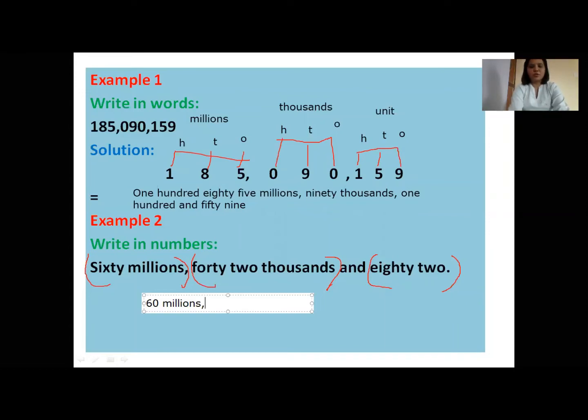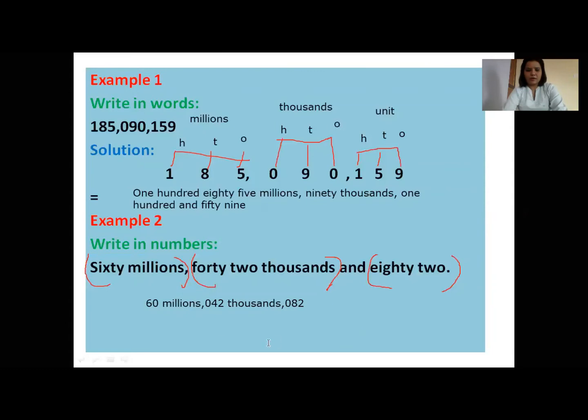There is no number in the hundred thousands place, so we write 0 to show the place value of hundred thousands. 0, 4, 2, comma, again we don't have any number in the hundreds place, so we write 0 to show the hundreds place value. 0, 8, 2. So this 042 is thousands, so we'll write thousands here.